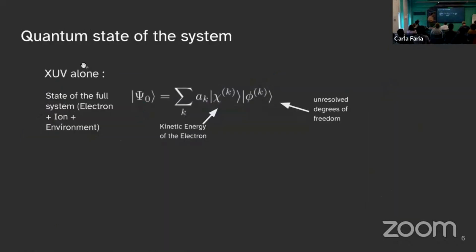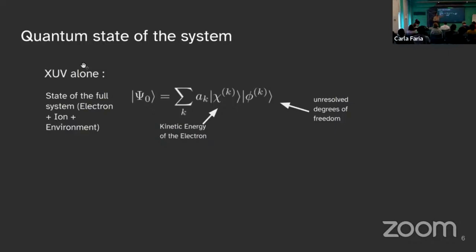Okay. So for this work, we're doing some theoretical framework. If you use XUV alone to generate states, the states of the whole system will be described by this function, where we have these parts describing the particular value of the electron, and the rest describing everything else that we don't measure.